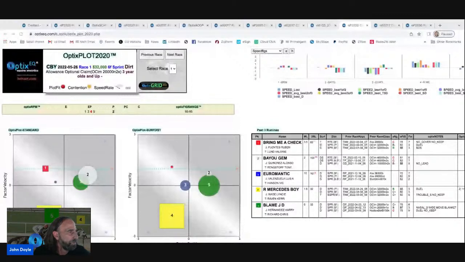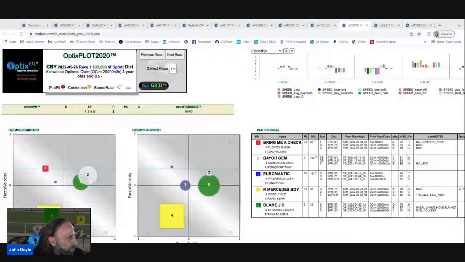Small field. Contentious 1, can he clear off? That's the key here. They're going to send the 4, really. I don't know if he got off bad or something happened, but he's back. So the 1 did make the lead, which is what we needed him to do. Now let's see if he can hold it.